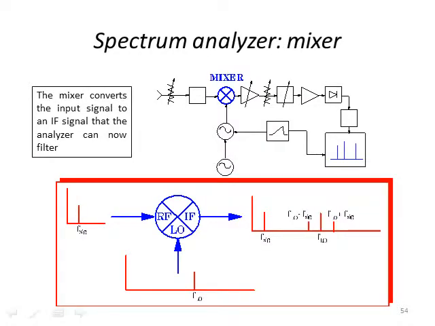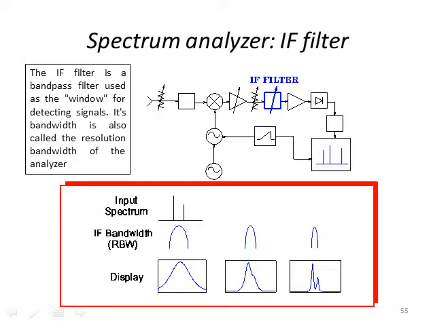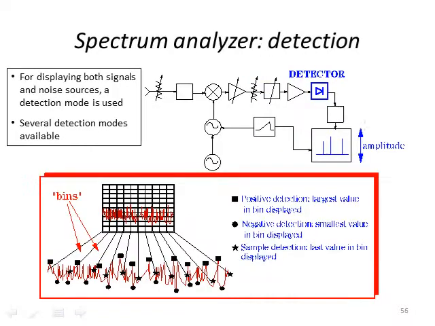So the mixer essentially takes your analog input, and the local oscillator then mixes it, and then you get this intermediate frequency signal where you have your carrier and your original signal. And then the intermediate filter does some filtering and is able to basically isolate the frequency components.